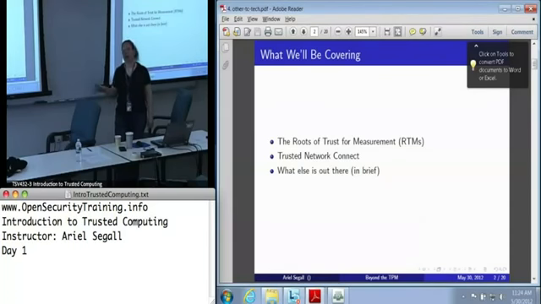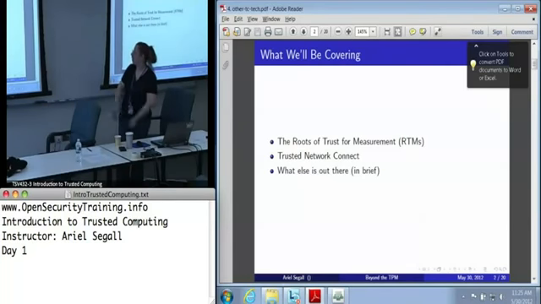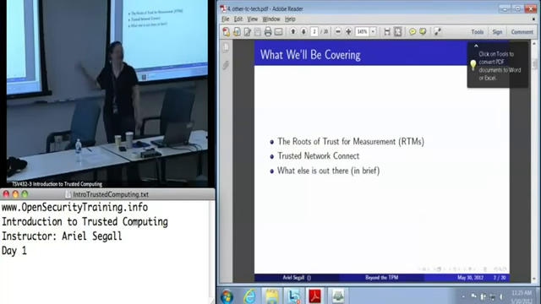It's the one where you can actually go to a store and find routers that say, "We support Trusted Network Connect." It's the only trusted computing application that you have any chance whatsoever today to just go out and buy. That said, how useful that is is a little dubious, and we'll get to why shortly. And then I will touch at least a little bit on what else is out there, but we're not going to go into a whole lot of detail.